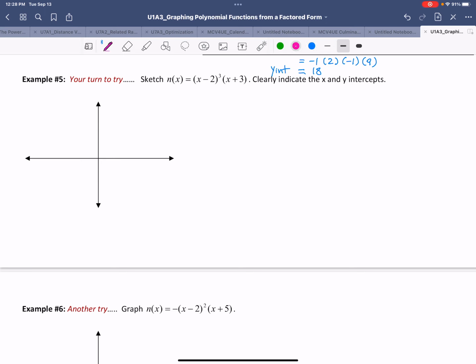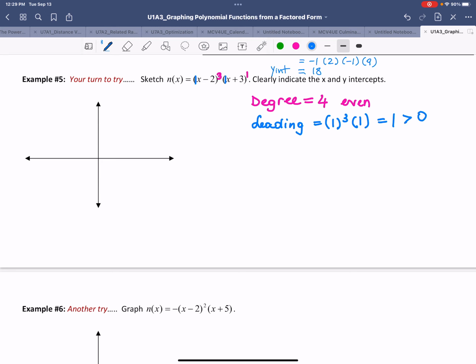So we're going to take care of the exponents. The exponent of the first factor is 3. The exponent of the second factor is 1. That makes the degree of this polynomial function equal to 4, which means that this is an even degree function. Now looking at coefficients: the coefficient of x is 1, the coefficient of x is 1. So the leading coefficient would be 1^3 times 1^1, which is positive 1, so a positive leading coefficient.